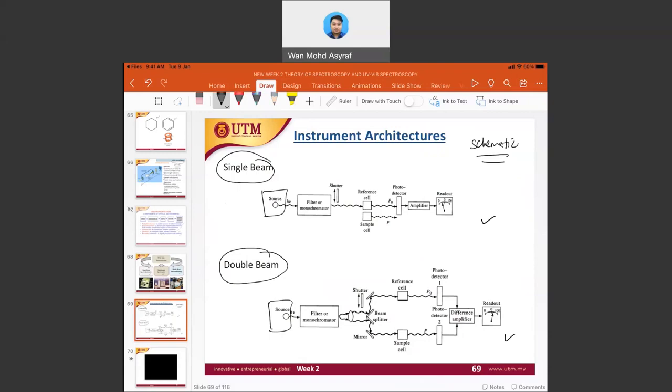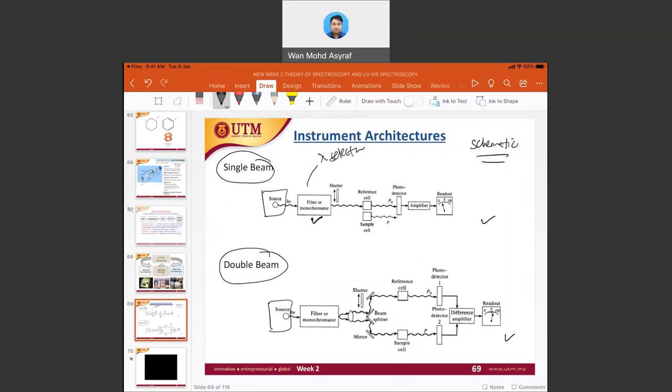So it comes from the one source. So this light source will provide electromagnetic radiation to a filter, or we can call a monochromator, which is a wavelength selector. Okay. All right. So this wavelength selector then will select a particular wavelength that you have intended.